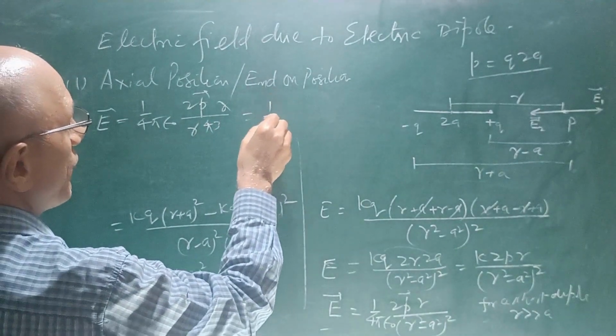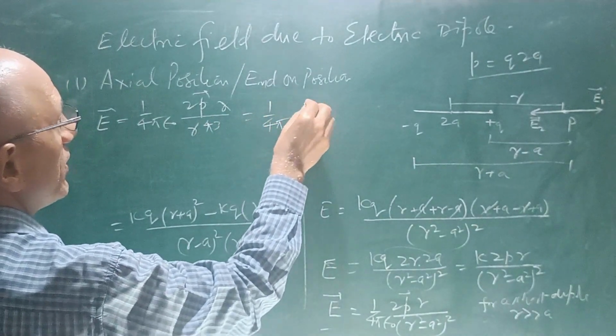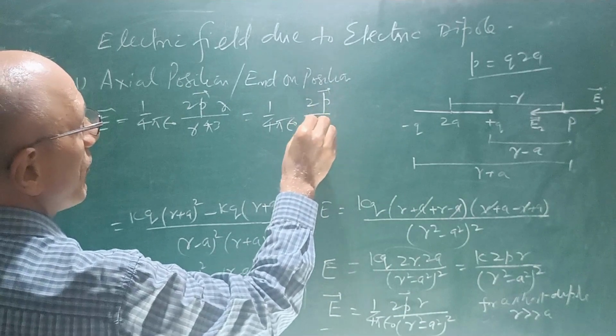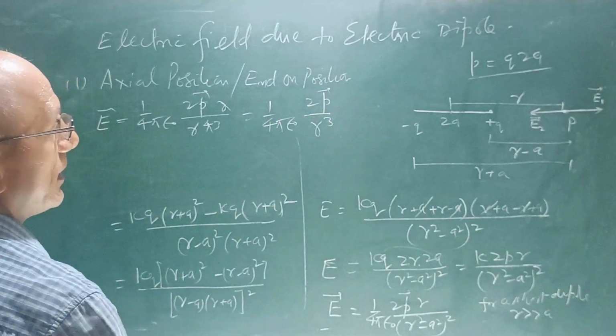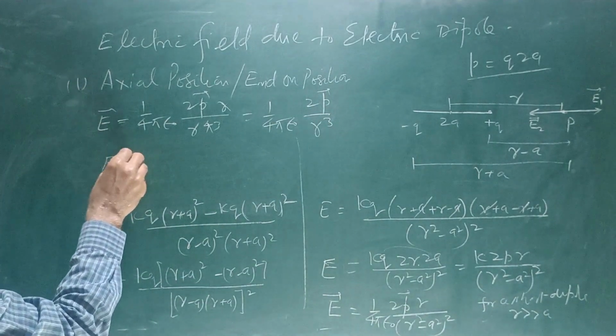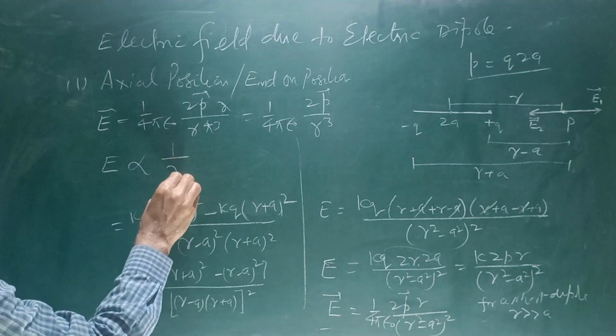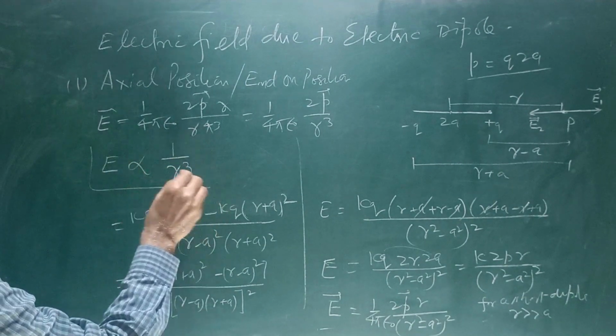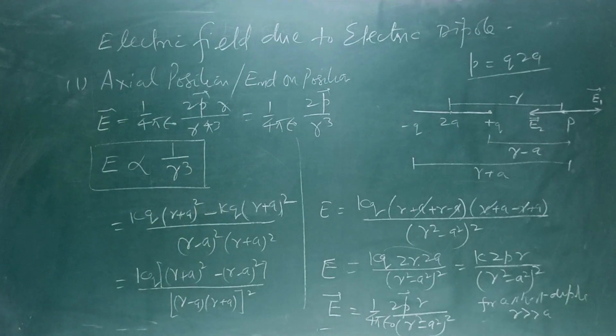So you get 1 upon 4 pi epsilon naught 2P upon R cube. That means electric field is inversely proportional to the cube of the distance of the point from the center of the dipole.